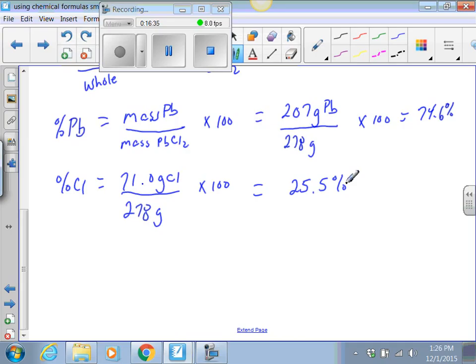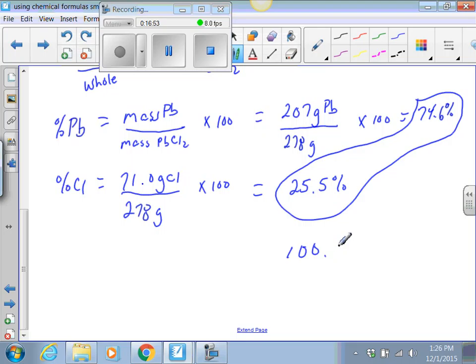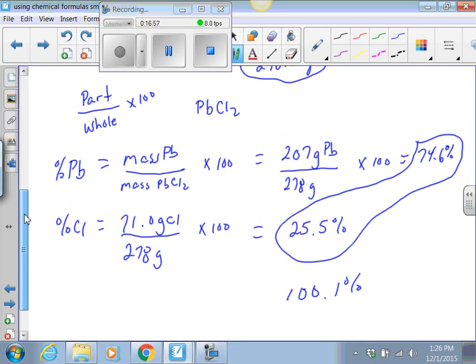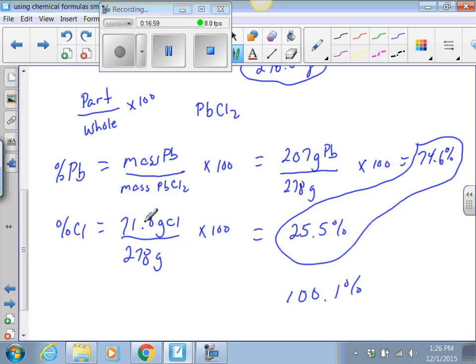Okay. That comes up to, hold on a second. So we add those two numbers together, we would expect 100%. Add them together and you get 100.1%. And of course you would want to check. I rounded chloride to 35.5.